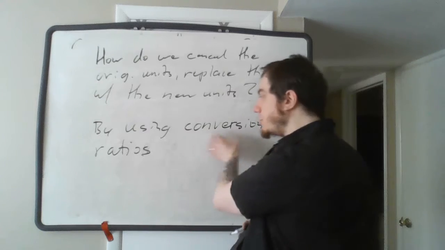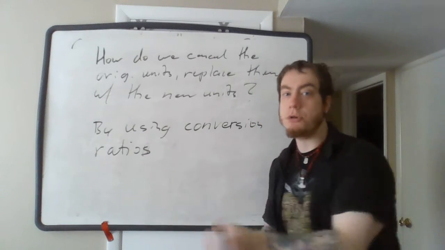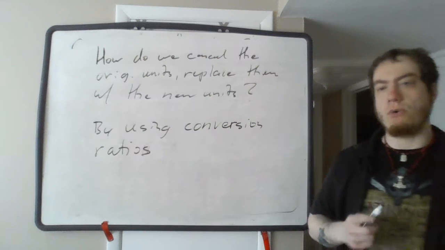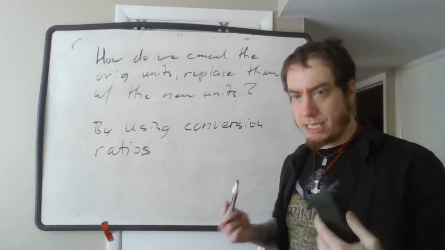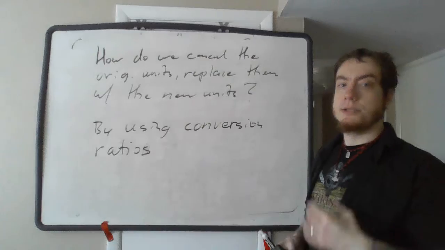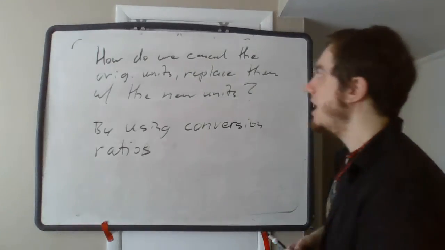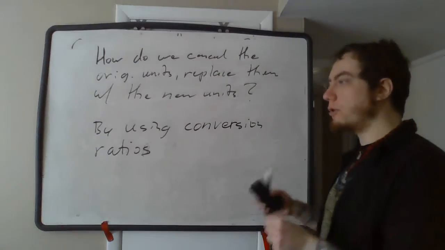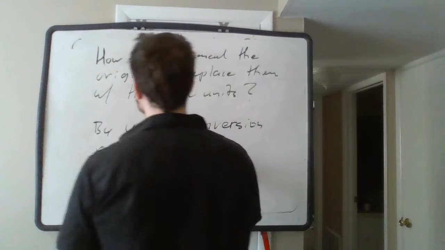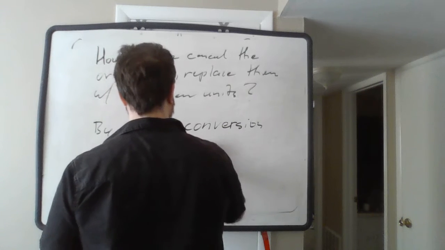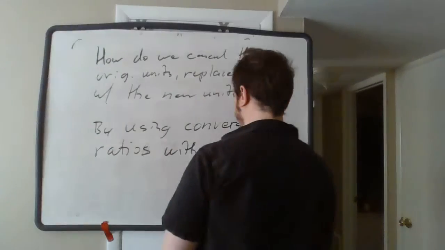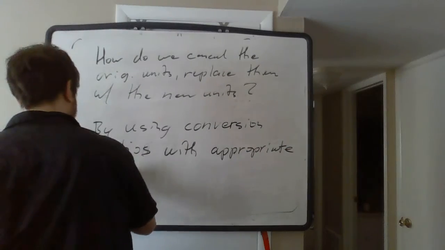And the thing about conversion ratios is that multiplying by a conversion ratio is like multiplying by 1. It doesn't change the value of whatever you're multiplying. It leaves the value the same. It just rewrites it using a different unit. So that's why we can use these. So you really just have to ask, what conversion ratios have the correct units to cancel? So we want to use not just conversion ratios, but conversion ratios with appropriate units.